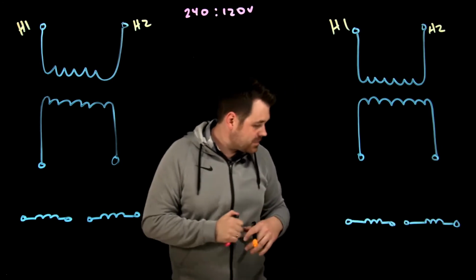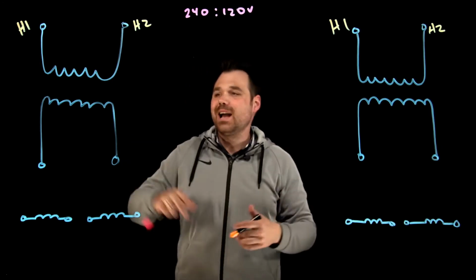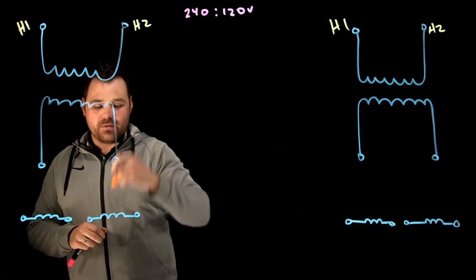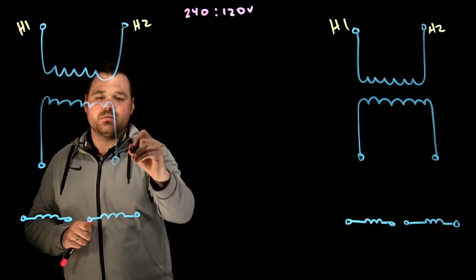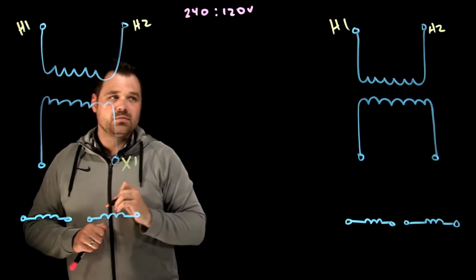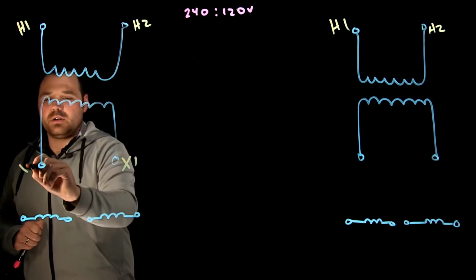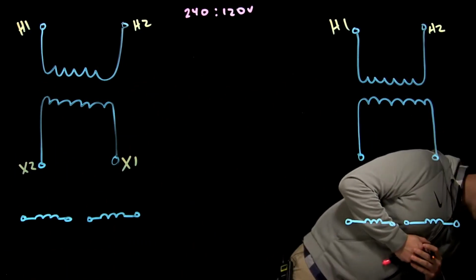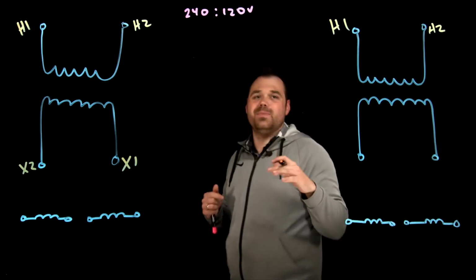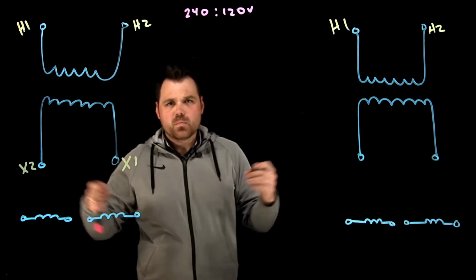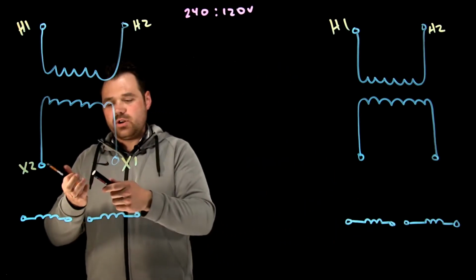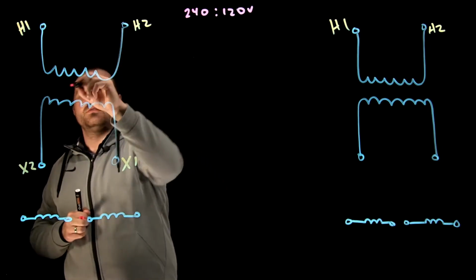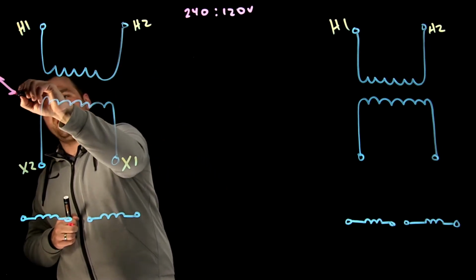So in an additive transformer, I have got down here X1 and over here X2. Well, we can see in an additive transformer, they kind of zigzag to each other, right?